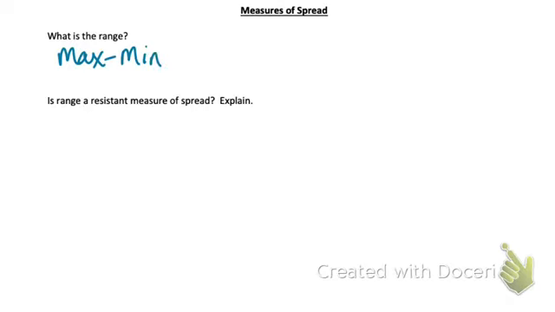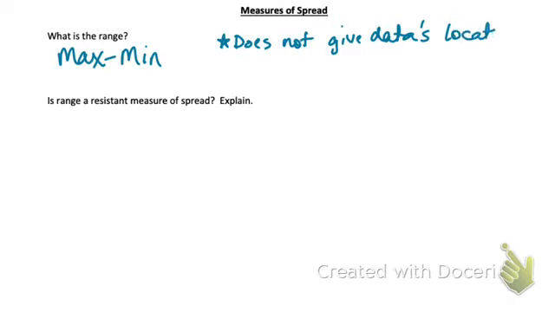Now, the thing about range, and I think we talked about this before, is that it does not give the data's location. Range is fine to tell me how big of a difference there is between the high and the low, but it doesn't tell me where. Yeah, there's a difference of 50 in the data, but we have an infinite number line, so where's this data at?